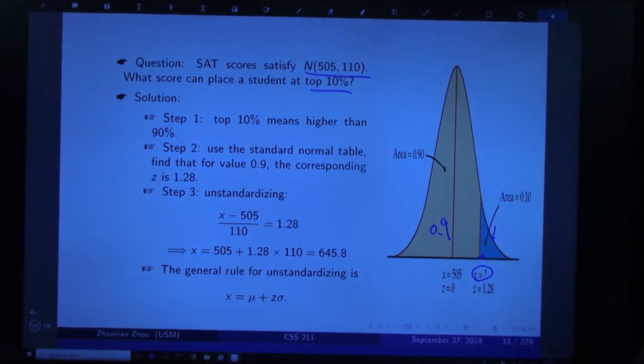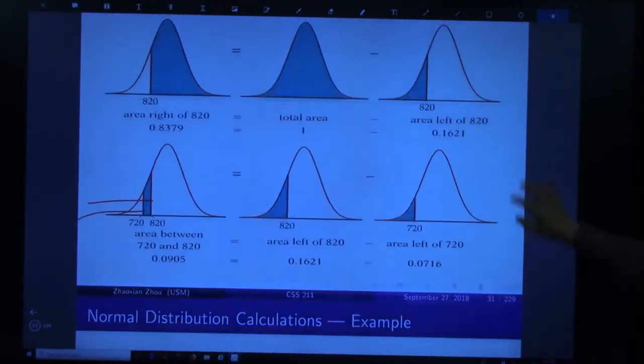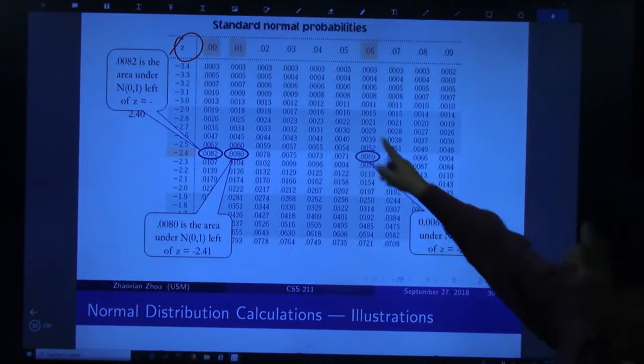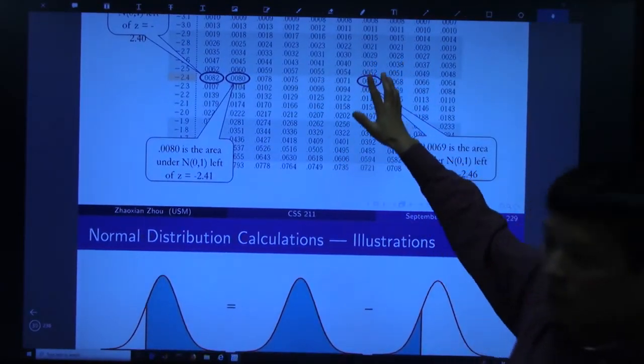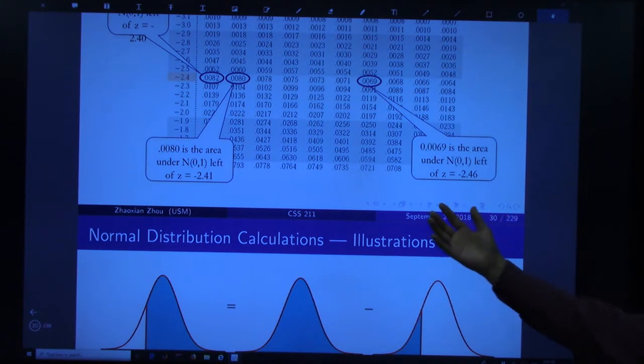So we check table A. We cannot check 0.1 from the middle. We need to check 0.9, so here in table A we need to find 0.9 from this part. Not 0.1, the physical meaning, keep in mind.